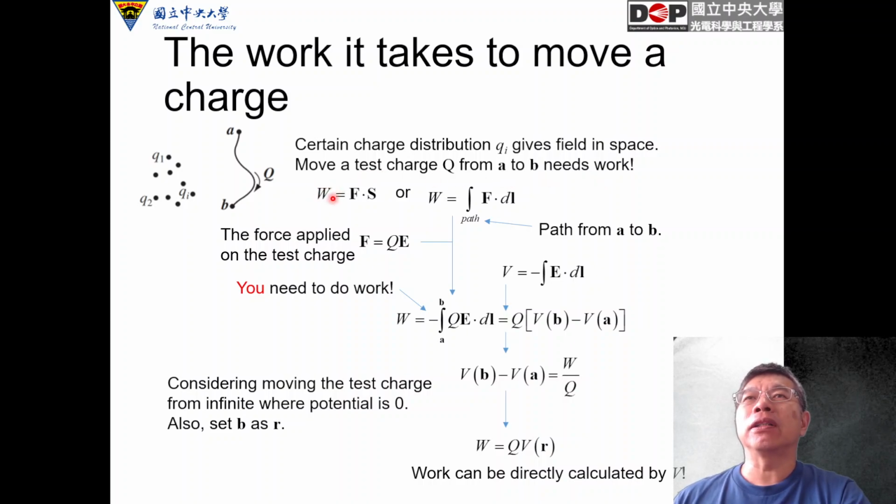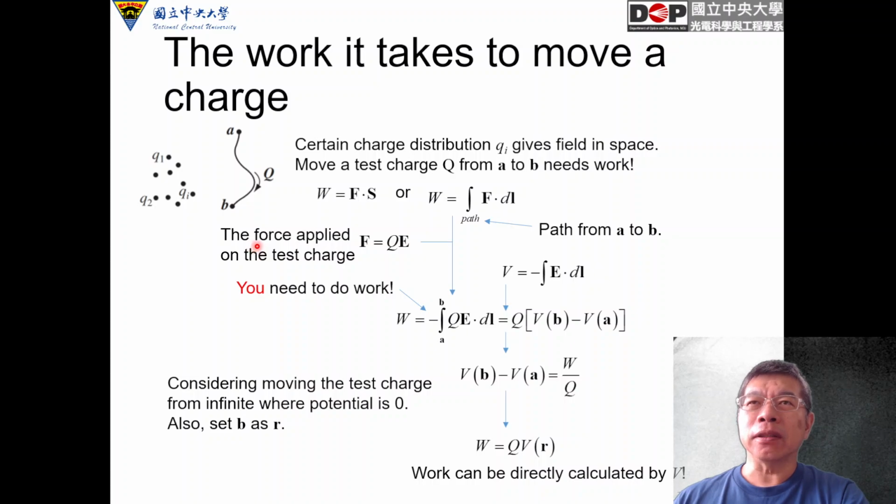So work by definition is the force in a product with the displacement S. In other words, this was the very basic one. So we continue this process: we do the path integral of the force inner product with the path. So we take everything together, and there will be the total work done.